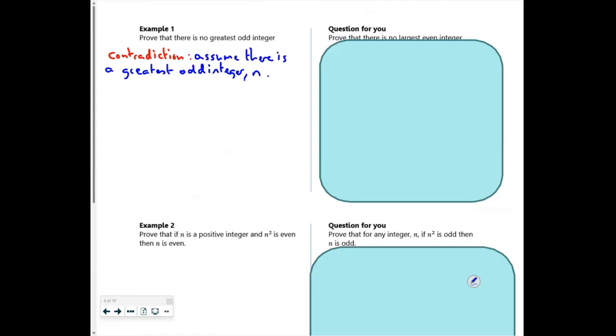All right then, if it's odd, I'm going to take my number n. If it's odd, it's made up of 2 lots of another integer plus 1, where k belongs to the integers.